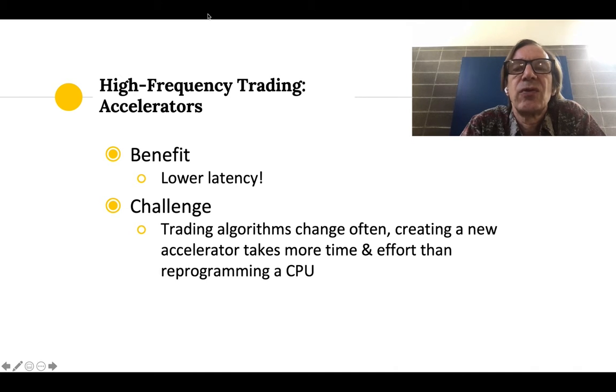Not only do the values change in response to changing market conditions, the trading algorithms and strategies themselves might change, and therefore, programmability is actually a serious issue, even with such highly optimized designs as accelerators, for high frequency trading.